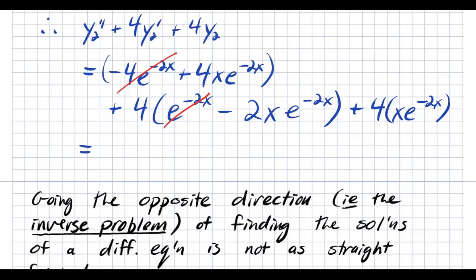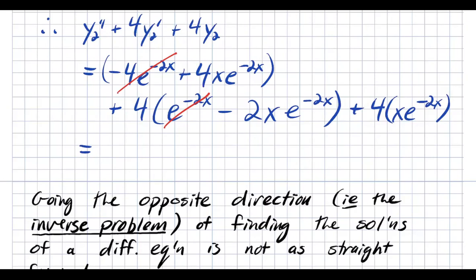And then for the x e^(-2x), we have 4 of them here. Then we have negative 8 of them, so once I multiply this 4 times this negative 2, we'll get negative 8. And then we have another 4 of them here. So we'll have 4 plus negative 8 plus 4.